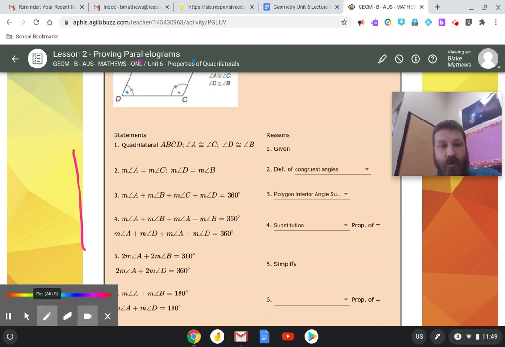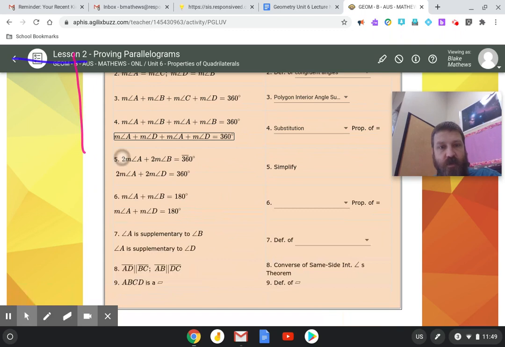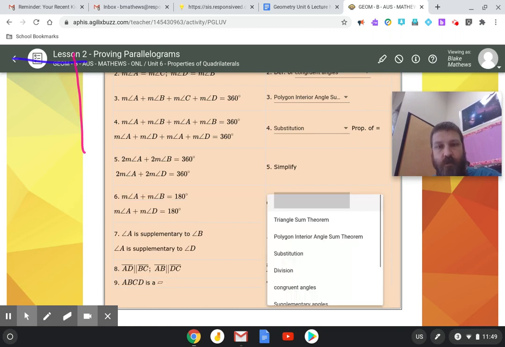They're just doing some algebra here. They've done 2 times A plus 2 times B, 2 times A plus 2 times D. So they've just simplified. Now look at what they did here. The 2's all went away, and the 360 got cut in half because they divided everything by 2.